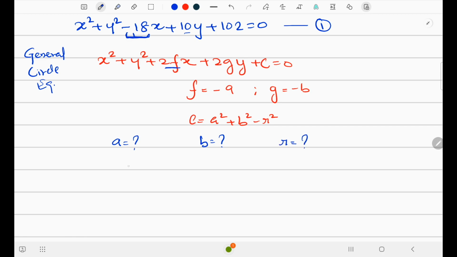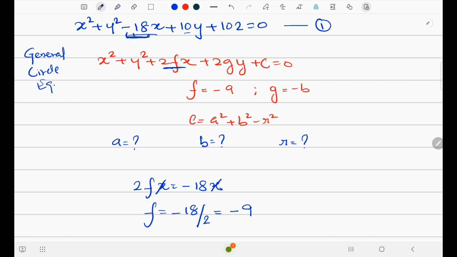Already we know that 2fx is minus 18x. So 2fx equals minus 18x. The x cancel each other. f equals minus 18 divided by 2, which equals minus 9.